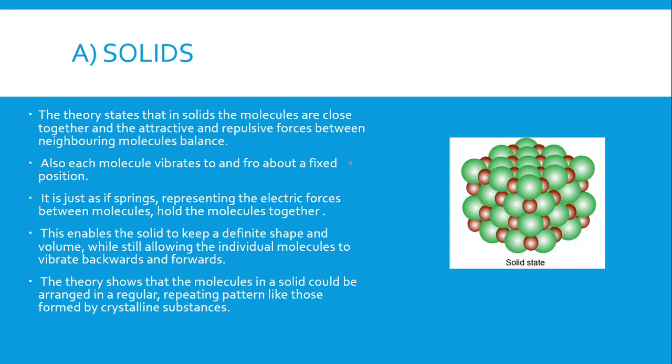Since these molecules are fairly arranged in a proper manner, they're not haphazard like we saw in Brownian motion. The attractive and repulsive forces, because of the electric forces that we just discussed, balance each other out.